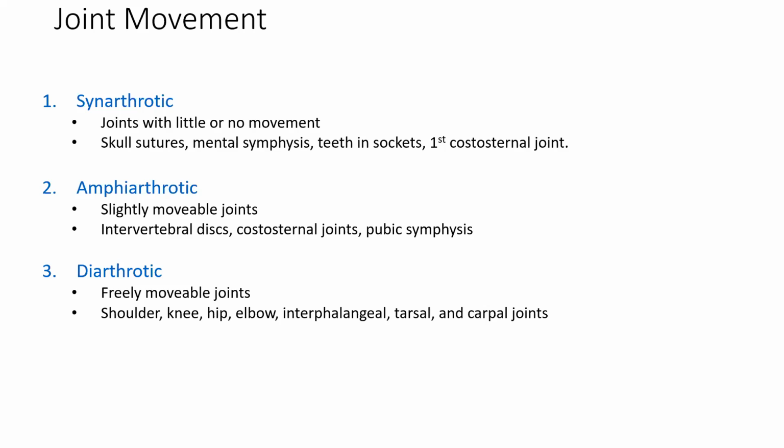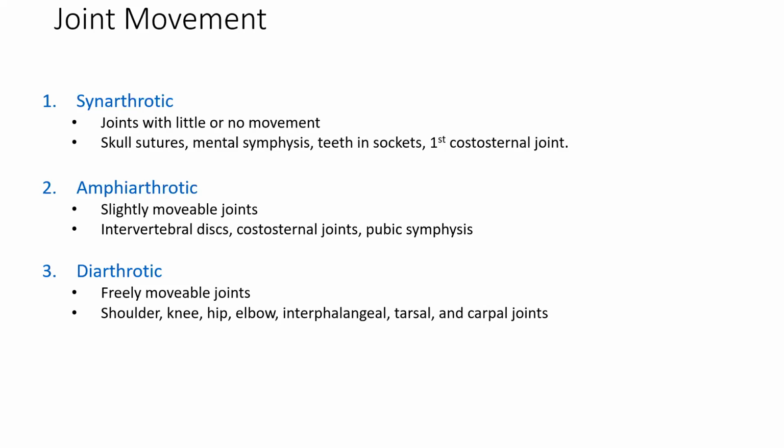Our first costosternal joint on our sternum, where we have rib number 1, is an immovable joint. Also, it's a synarthrotic joint. The amphiarthrotic joints, the slightly movables, are the discs, the rest of the ribs, and the pubic symphysis.